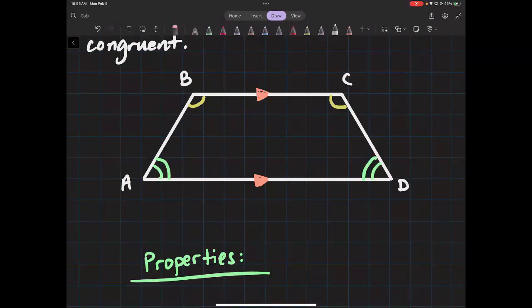So A and C are right here, right? But C is also congruent to B. If you take a look at these two angles, they're supposed to add up to 180. Do you guys remember what theorem we used when we talked about the parallel lines?